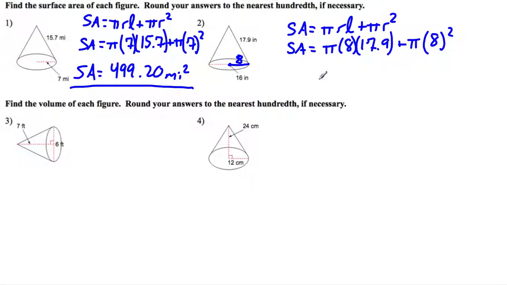So multiplying this all together, we have pi times 8 times 17.9, and we add this to 8 squared, which is 64, times pi. So this surface area is going to be 650.94 inches squared.